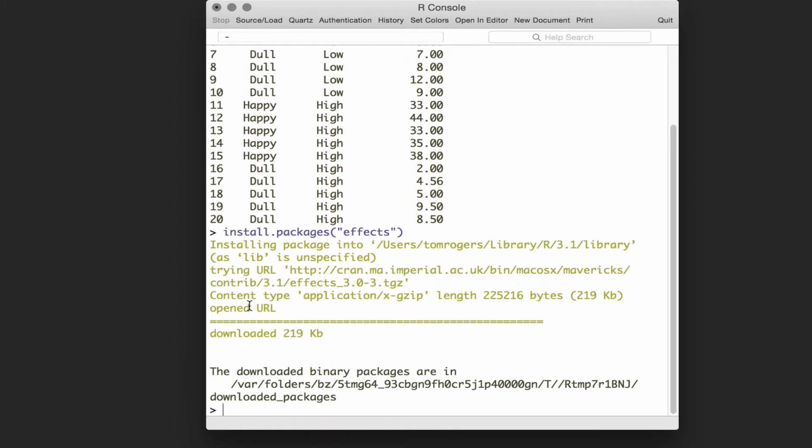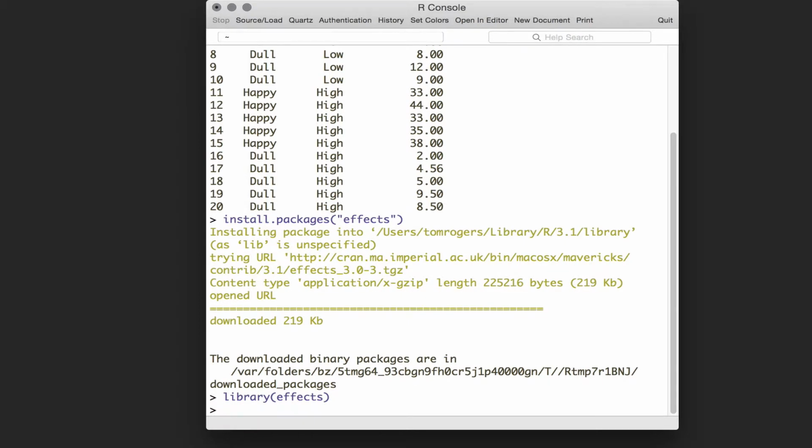Now that's finished downloading, we can load it up. So library effects. Okay, so we're now ready.